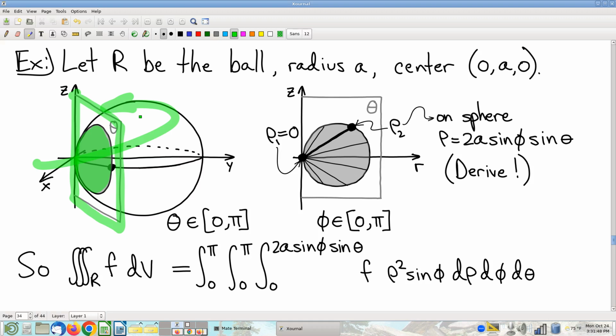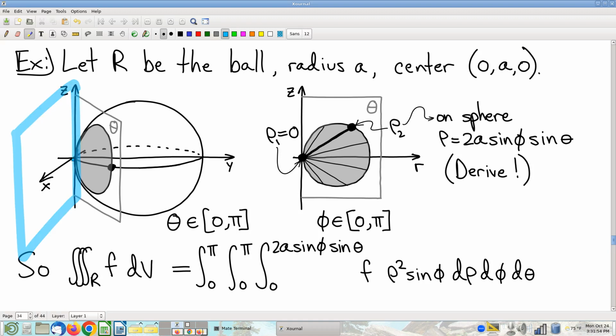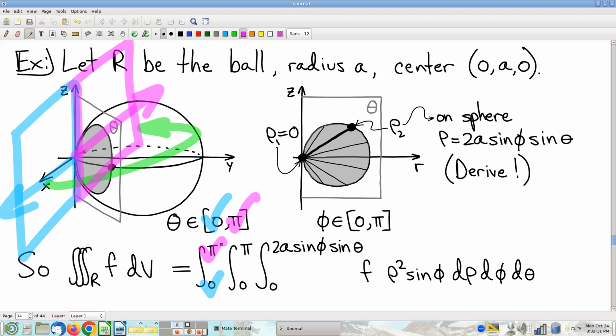And then there's a last slice over at the end. Right, so let's see here. The first slice is like this, where theta is equal to 0. And then after theta goes around, the last slice is sort of like this, in the negative x direction, where theta is pi. So there's your theta slicing process.